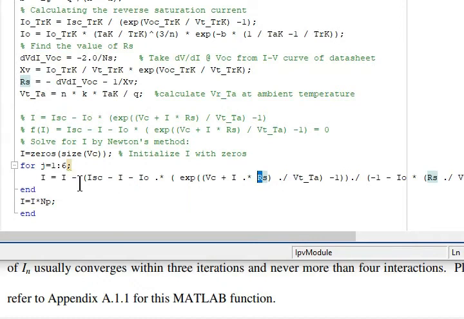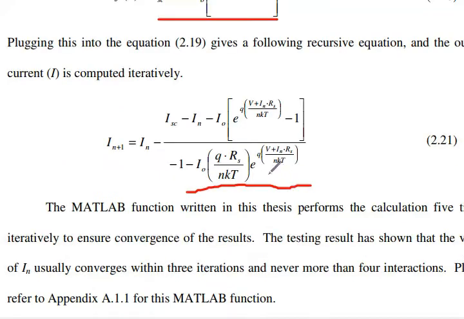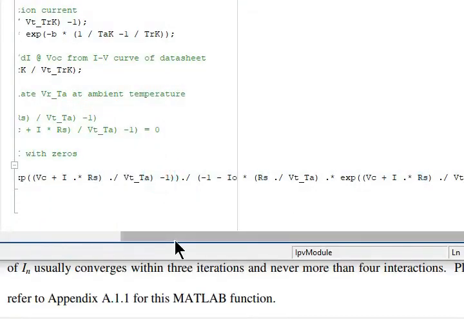I is equal to I minus I ideal current of a PV cell, minus I minus the inverse saturation current, and this expression divided by minus 1 minus the inverse saturation current, and this again RS divided by VT into exponential, just like this one, minus I short circuit minus IN minus I naught, this one divided by minus 1 minus I naught, and some other terms. So exactly the same equation is implemented here.